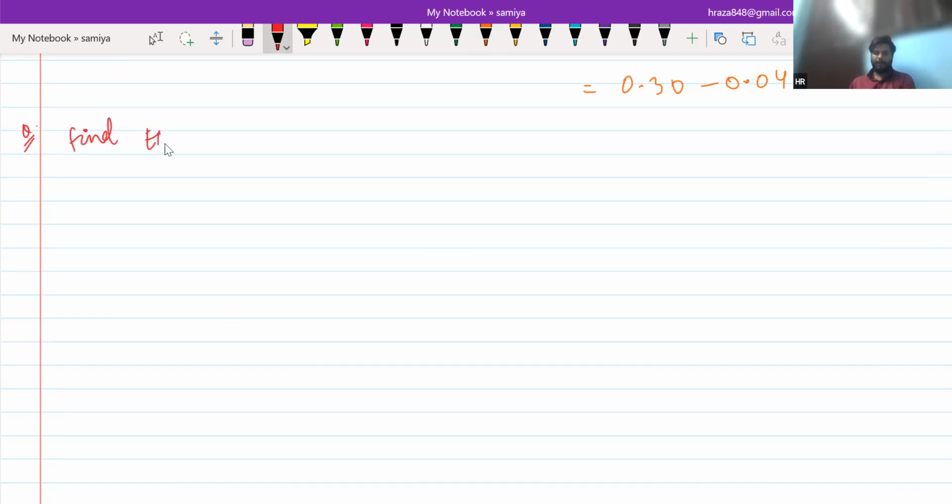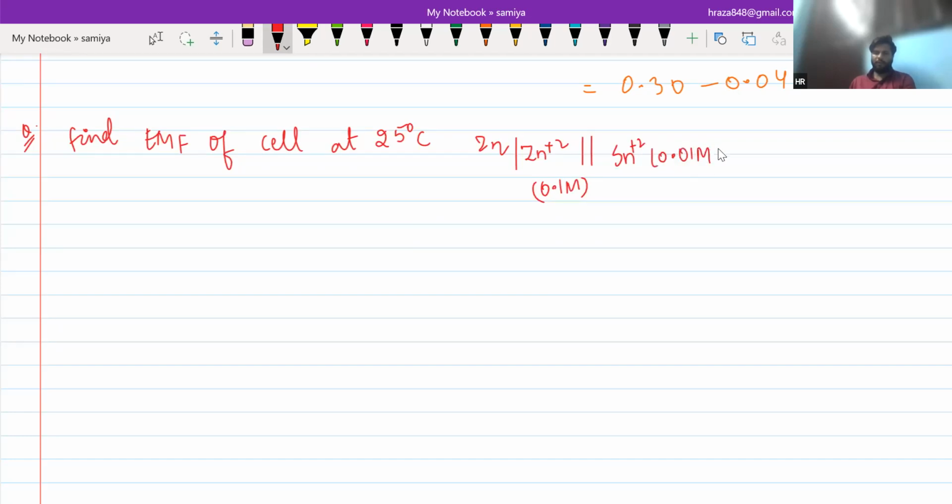Find the EMF of the cell at 25 degrees centigrade, and the representation is Zn/Zn+2, which has a concentration 0.1 N, double slash Sn+2, which has a concentration 0.01 N, slash Sn.